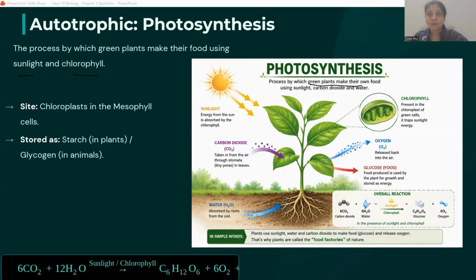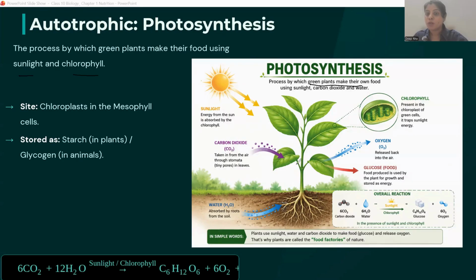Let's start with water. Water they take from the soil. Along with the water, they take other nutrients, including nitrogen in the form of nitrate and nitrite, and other micro and macronutrients like magnesium from the soil itself. Water is absorbed by the root and reaches the entire plant from the root.